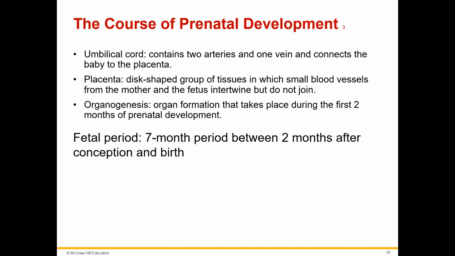So the real importance of the embryonic period is that all of the organs begin forming, and in fact, all of the bodily systems begin forming during the embryonic period. There are rudimentary eyes and ears forming, and limbs, and hands and feet.